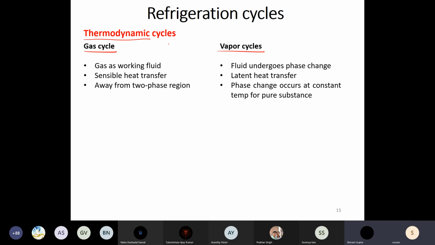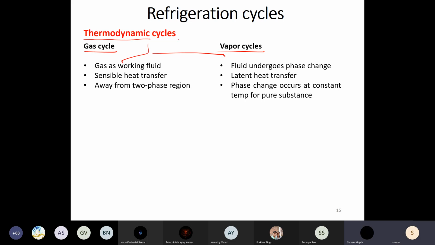That's why when we do the classification, we need not classify as power and refrigeration cycle. It's better to classify them as a gas cycle and a vapor cycle. For every cycle in the gas cycle, you can have the reverse one doing the opposite work. So if one is power cycle, the other one becomes the refrigeration cycle.